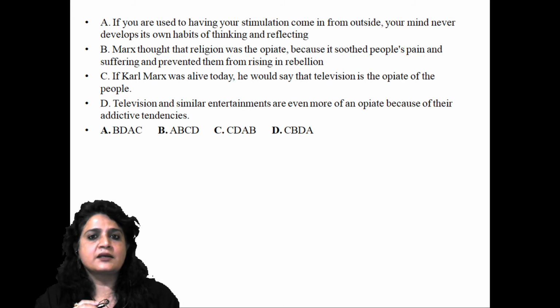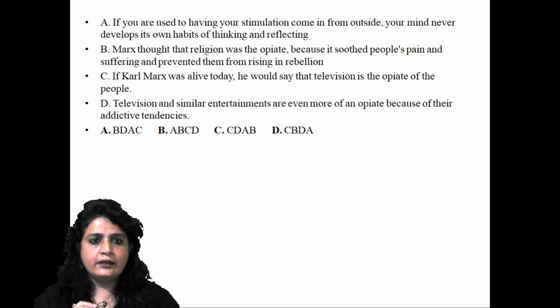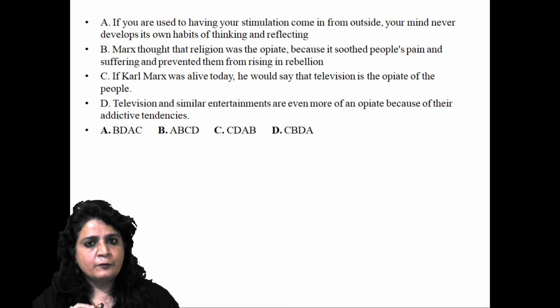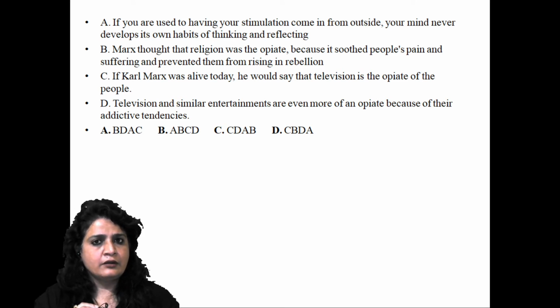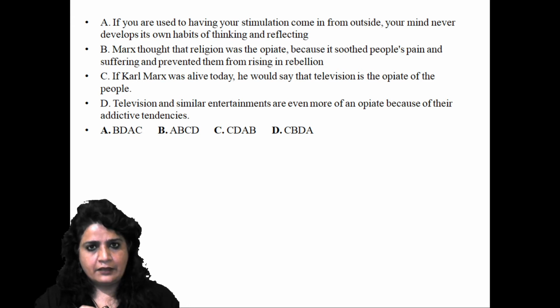So it uses Marx, right? So Marx is possibly being used for Karl Marx. C says if Karl Marx was alive today. So this sentence is using the full name, and B sentence is using only Marx. So when you find your order of the sentences, you can place C first and B later on. It may not be immediately after C, but it is definitely going to be after C, right?